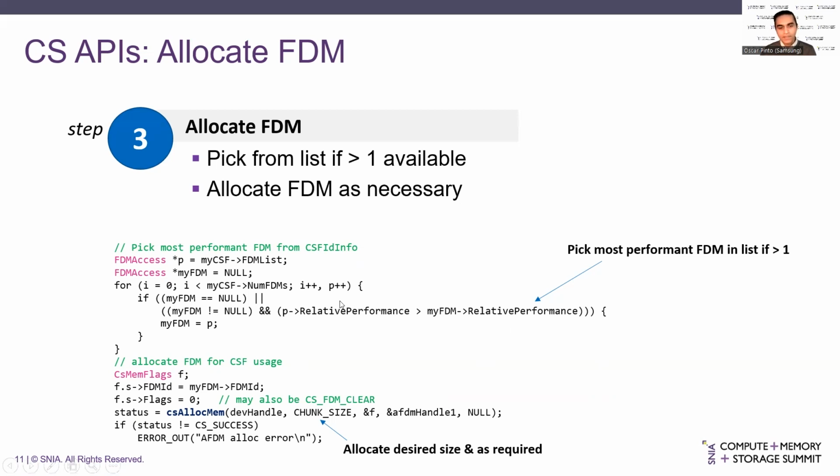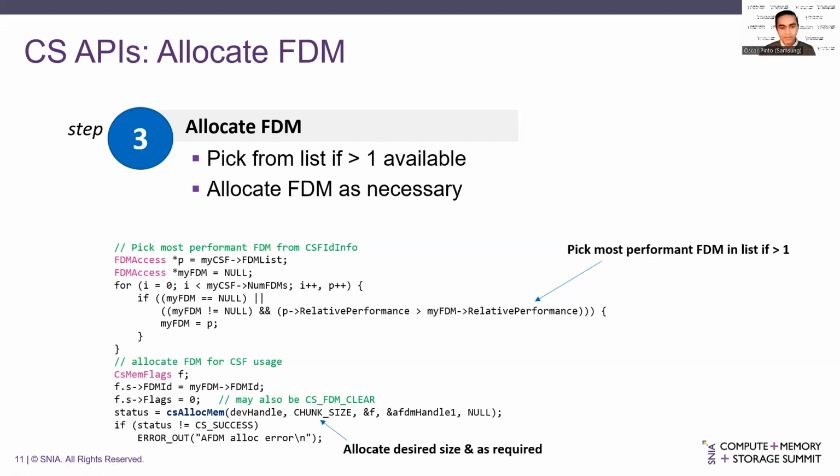So that list of device memories or memory pools comes along with each CSF. You walk that list again, like shown in the previous step, and pick the most performant one, that is maybe the nearest one to that compute function.